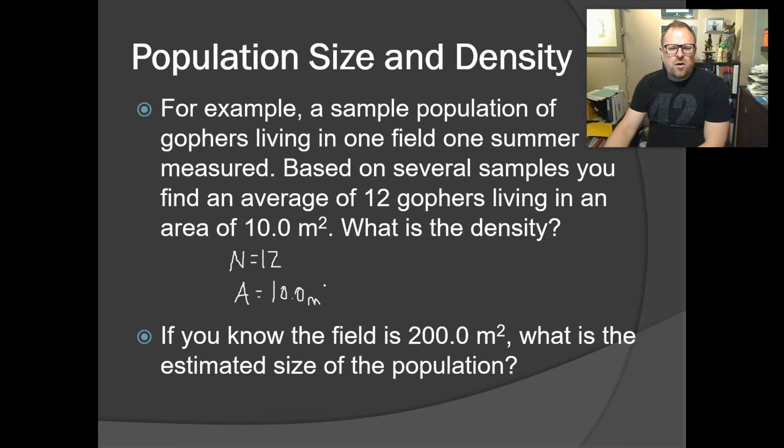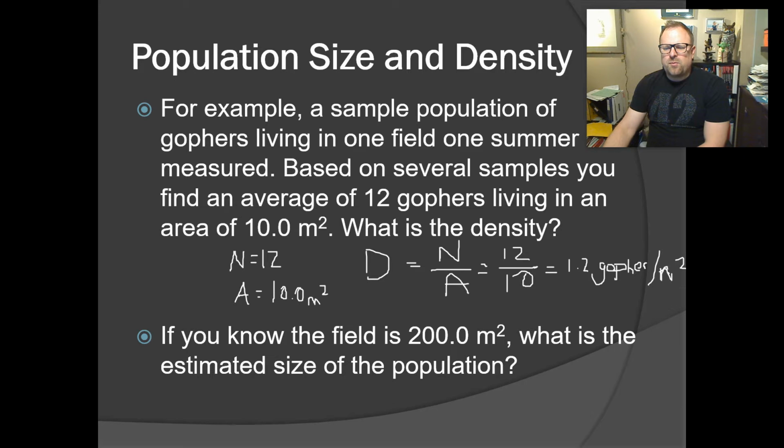Your density is your number of individuals over the area, which is going to be 12 over 10, which is going to be 1.2 gophers per meter squared. I hope that makes sense. So there will be about 1.2 gophers for every meter square based on this population that we're studying.